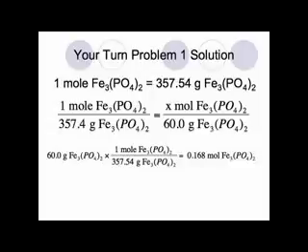Now I set up a ratio here, which I encourage my students to do, but many of you will find that you can skip this step and just take your starting amount of 60 grams of iron 2-phosphate, multiply it times your equality set as a conversion factor with the unit that you're going to on top, which is 1 mole of iron 2-phosphate over the molar mass, which is 357.54 grams of iron 2-phosphate. And the grams will cancel. You're left with moles, and in this case it would be 0.168 moles of iron 2-phosphate.